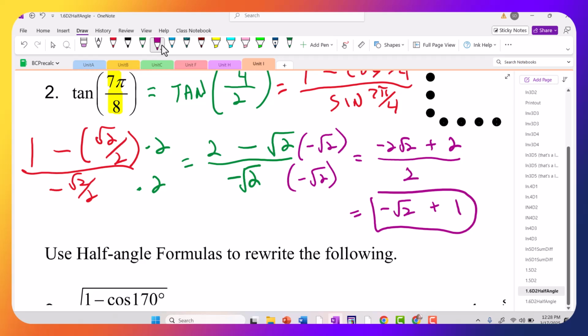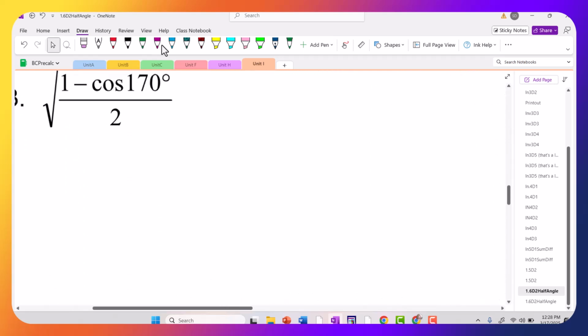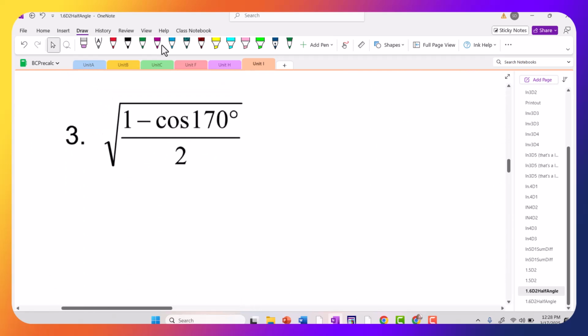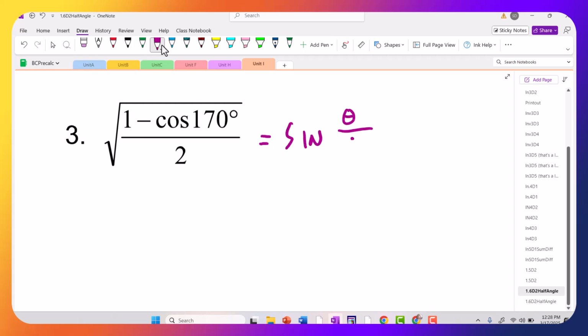This is just formula recognition. So which one is this, sine or cosine? Sine. And what is it? It's sine of this theta divided by 2, which this theta is 170. What's 170 divided by 2?